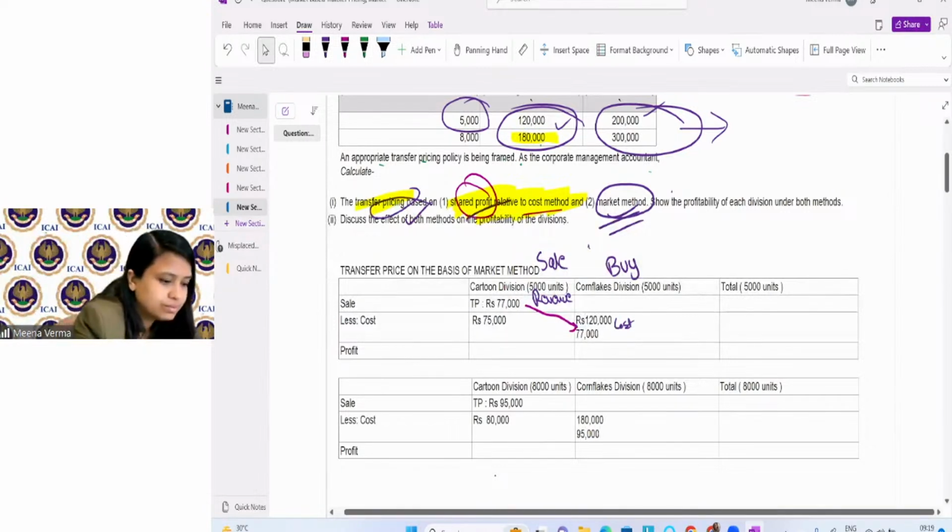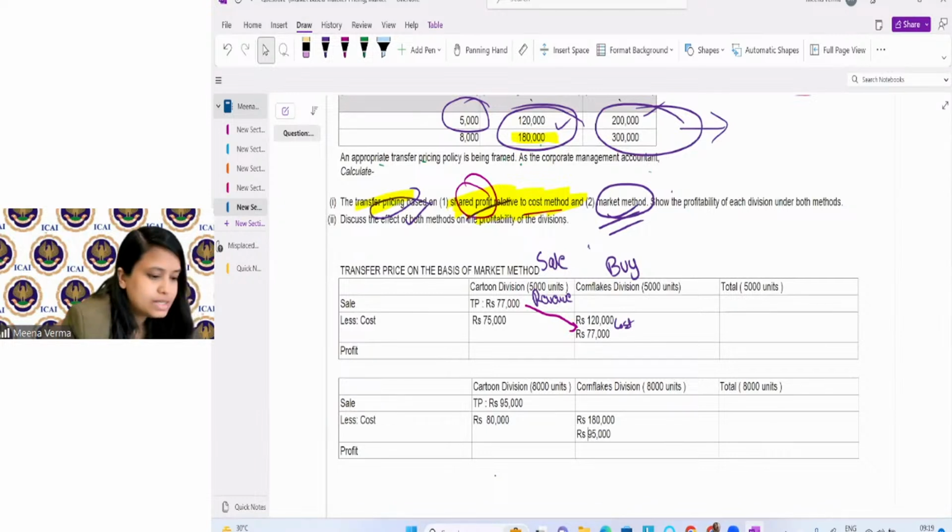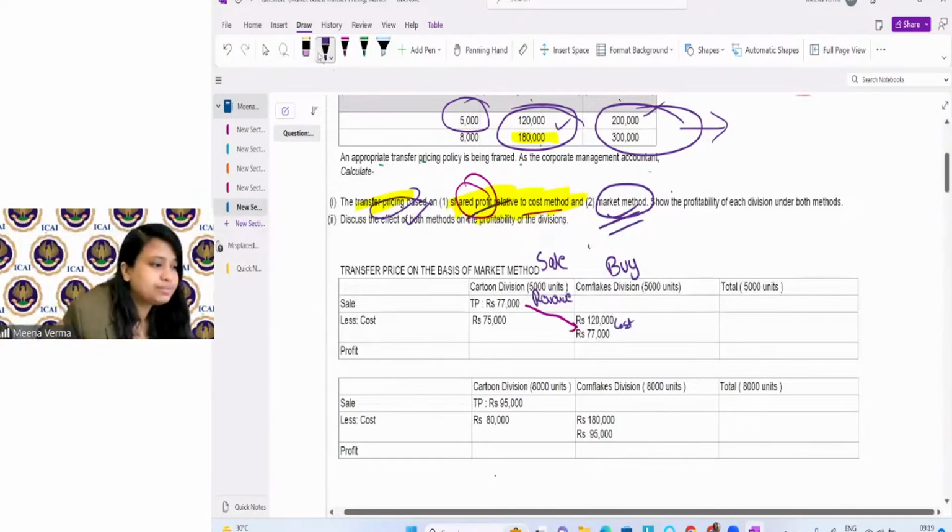These are the costs for them. You can see, this is the total cost for them. Now, what do we have to do? We have to find out the profit. Let's find the profit now. I hope it is clear.